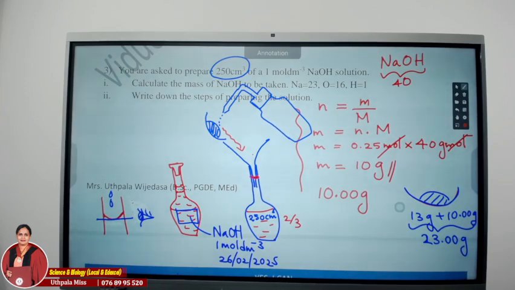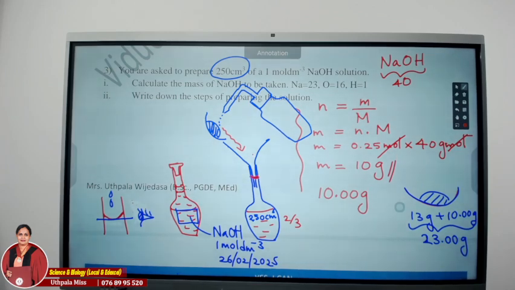Take a clean 250 cubic centimeter volumetric flask and transfer all the sodium hydroxide through a funnel using the wash bottle.